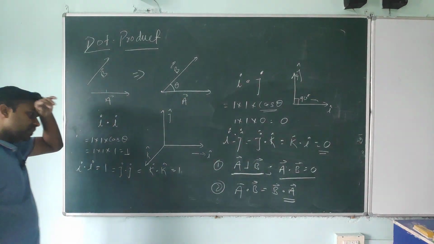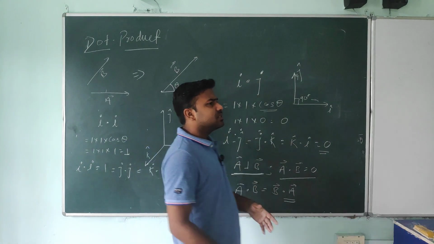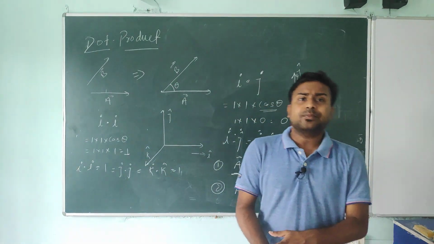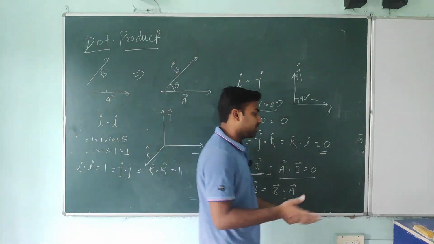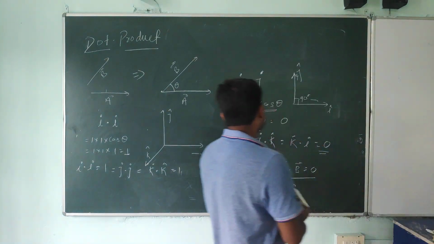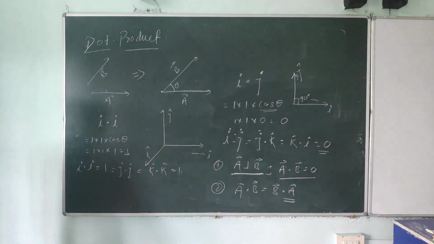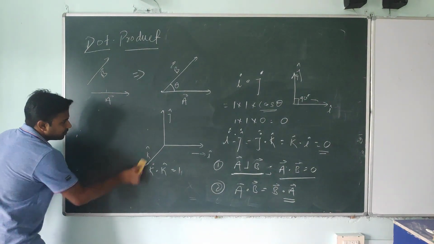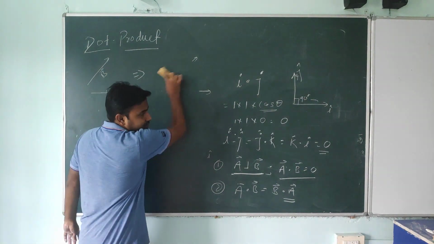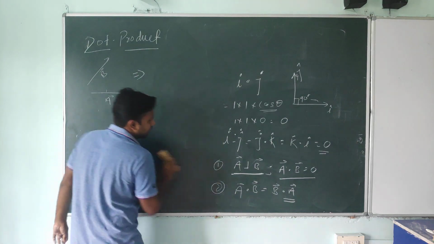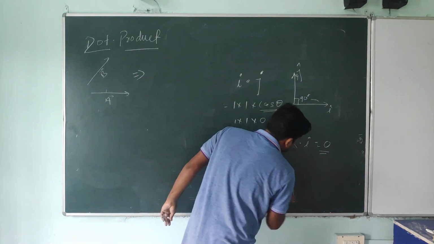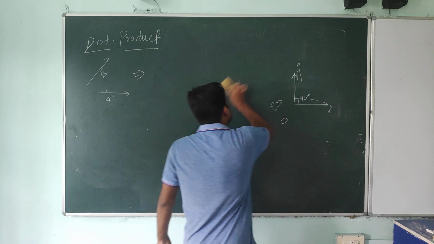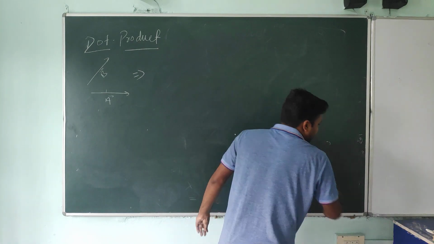Okay. Now I am going to discuss how to take the dot product of position vectors. If a vector is given with its components, then how can you take the dot product? This is important, students. So look at this.